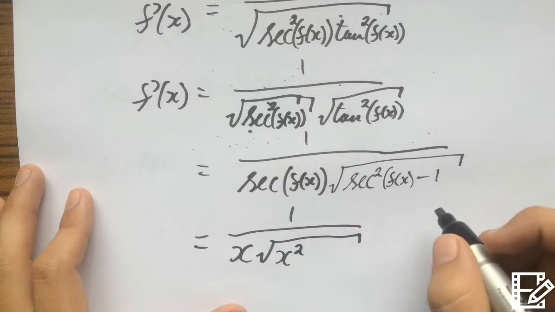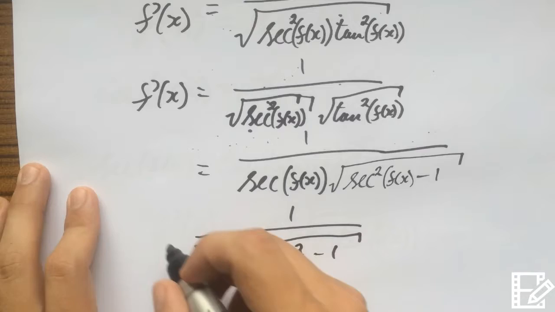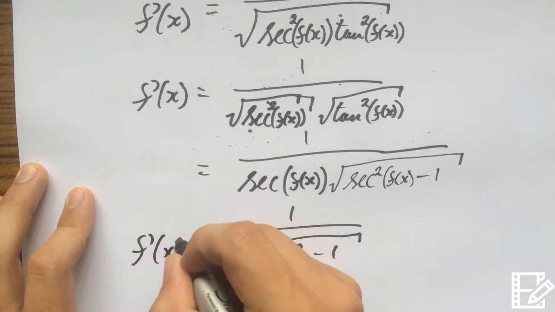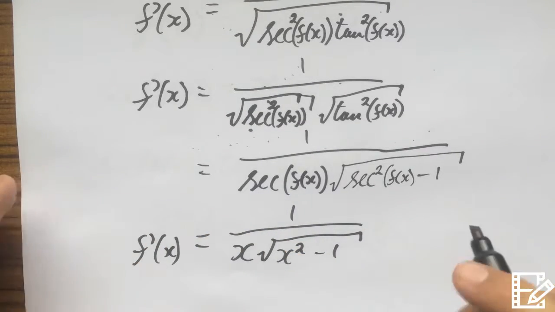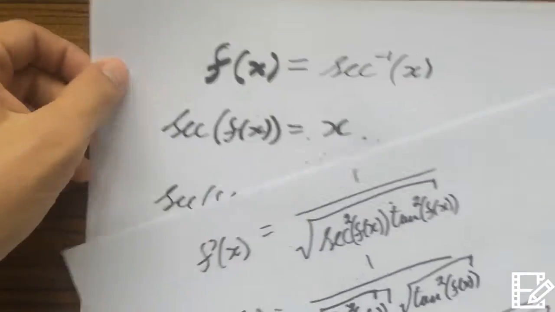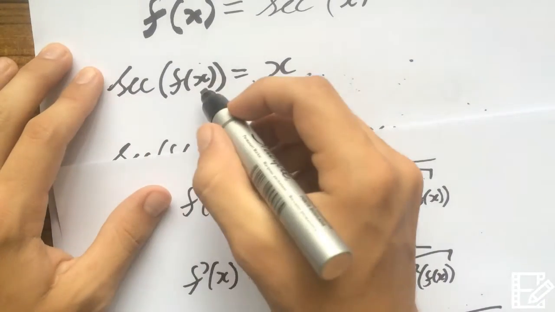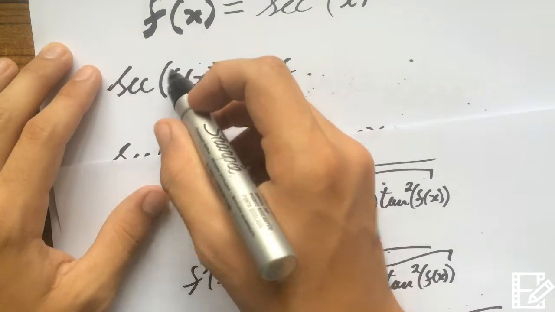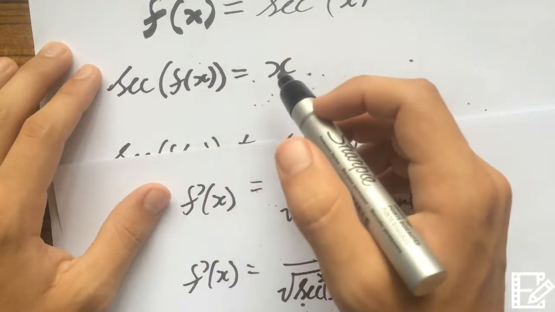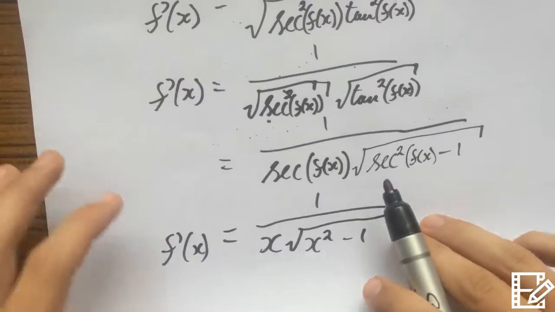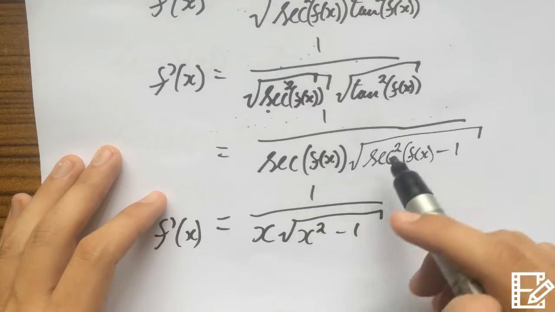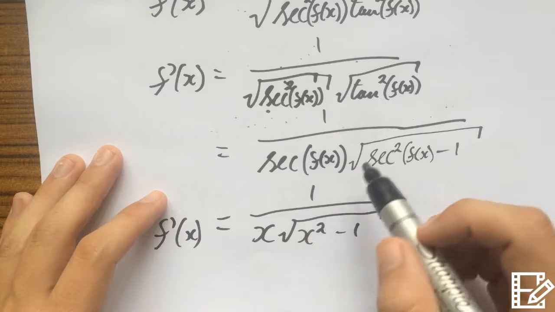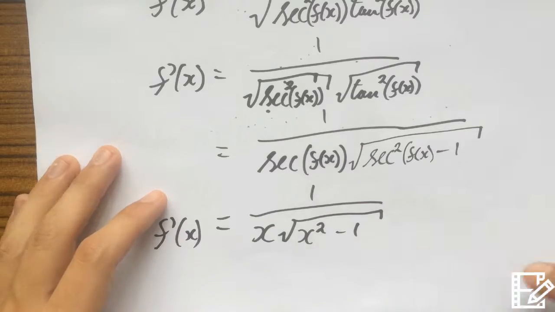And then we have a minus 1. Because if we have sec f(x) equals x, and we square one side, we have to square the other side. Therefore, sec squared f(x) equals x squared. See? Sec equals x, and sec squared equals x squared.